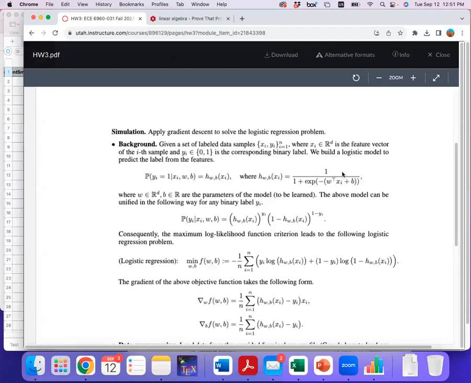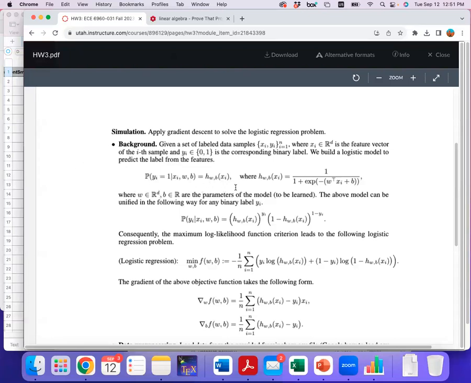In the end, this will give us a number between 0 and 1, because the exponential is positive. This number will be interpreted as the probability that Yi equals 1 given such a feature.